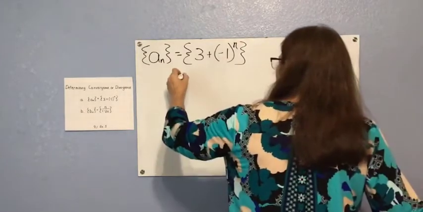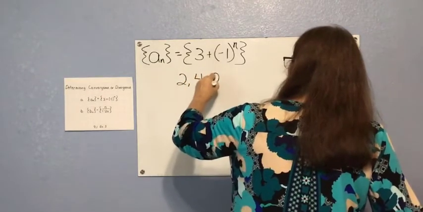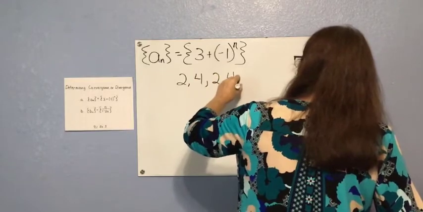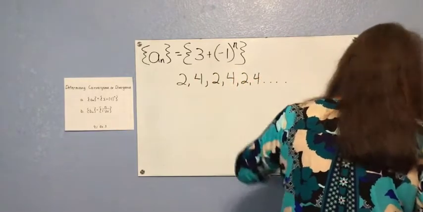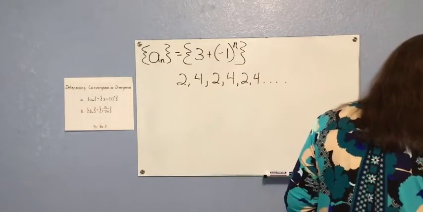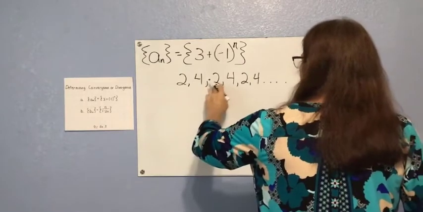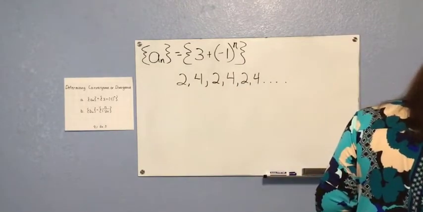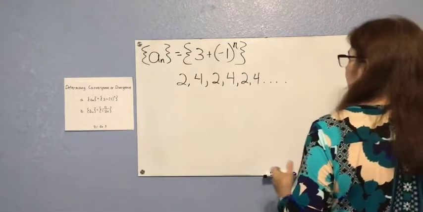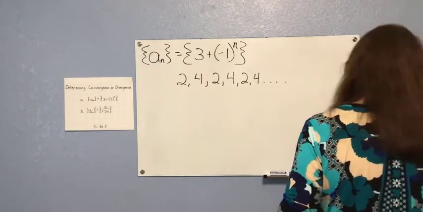And we determined before that the terms were 2, 4, 2, 4, 2, 4, and so on. Because these terms alternate between 2 and 4, the limit does not exist. We're not headed toward a particular value. It just keeps oscillating.